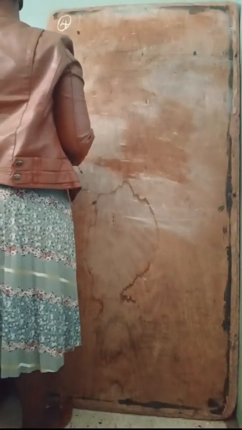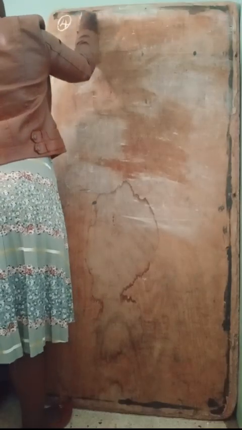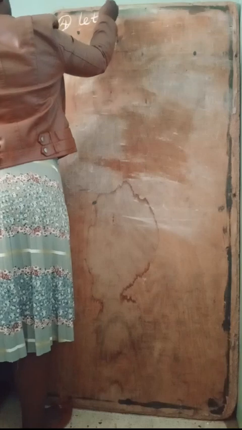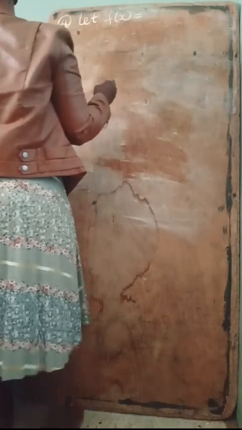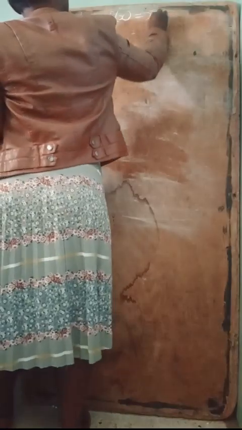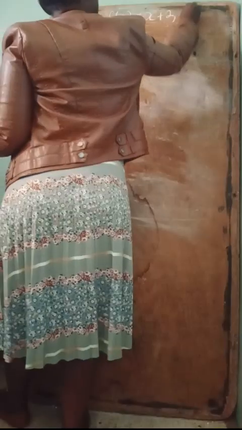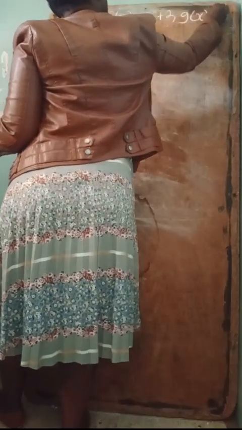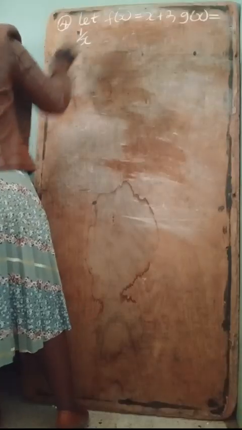Okay, so we have this question here. This is now question number 4. We are saying that let f of x be equal to x plus 2, and g of x is equal to 1 over x.